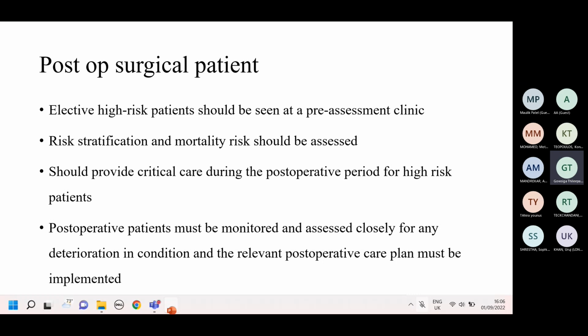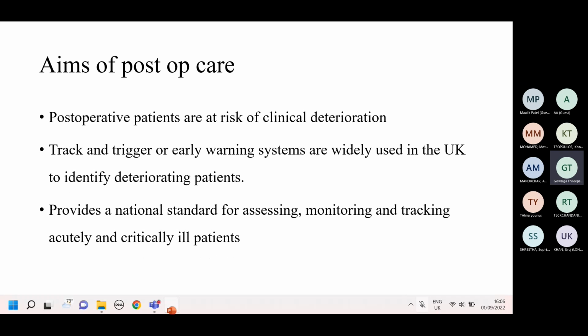There are levels of care: level 0, and level 1 is ward-based care. Those patients are monitored in a ward setup, closely, with monitoring of vital signs. If there is clinical deterioration, they will be escalated to level 2 and level 3 care.